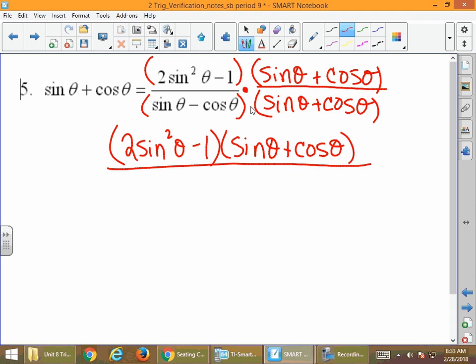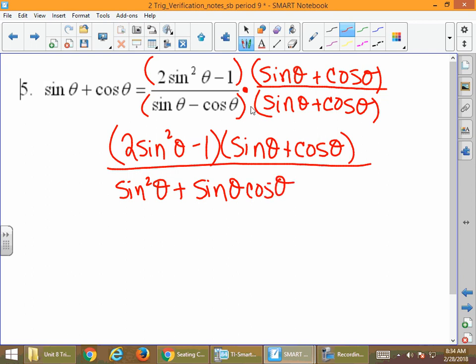And the purpose of multiplying by the conjugate is that hopefully we will get a Pythagorean identity that can help us simplify. So we're going to take sine times sine, which is sine squared theta. Sine times cosine, the sine theta cosine theta.